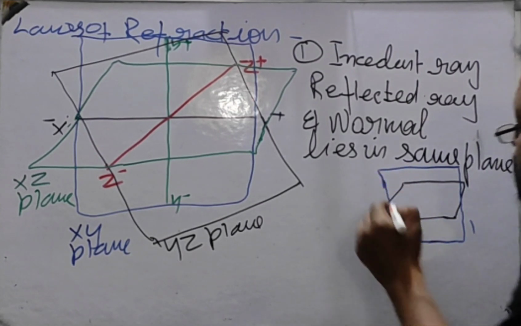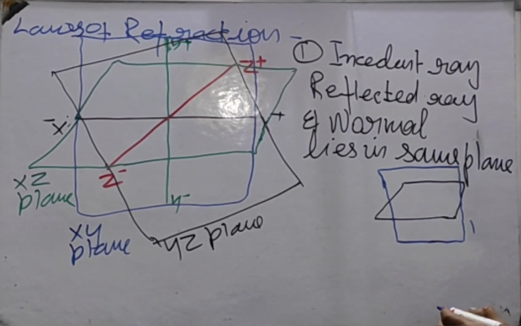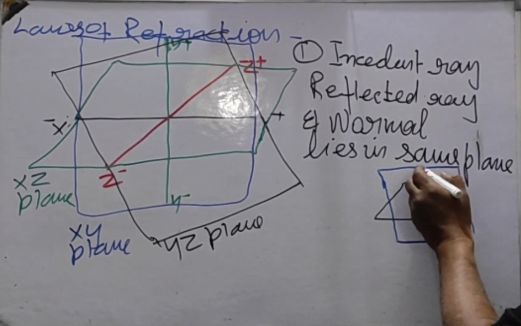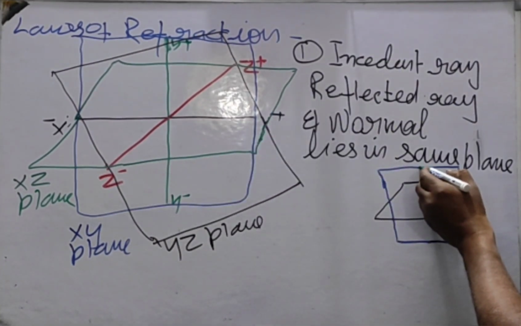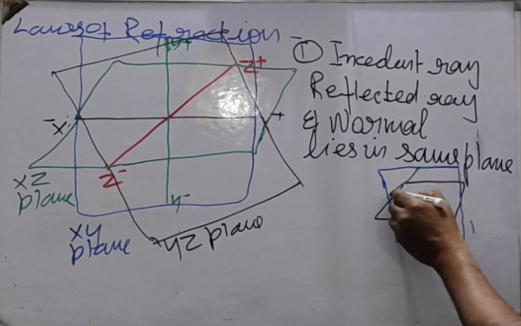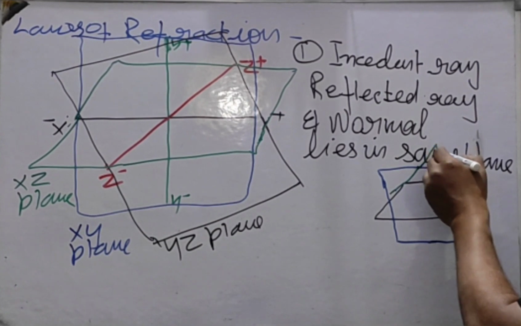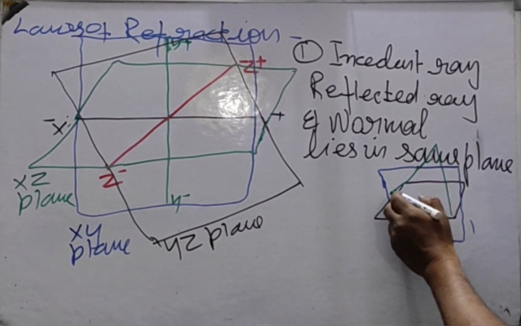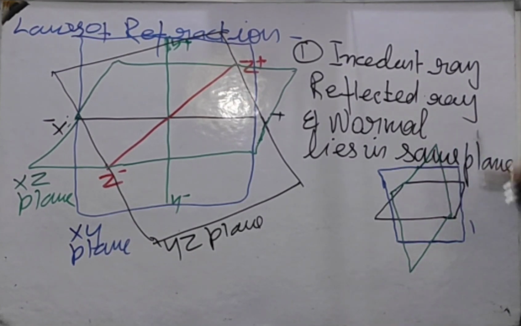This is what we have, and another one is coming like that. So this is the three-dimensional structure we have, right?